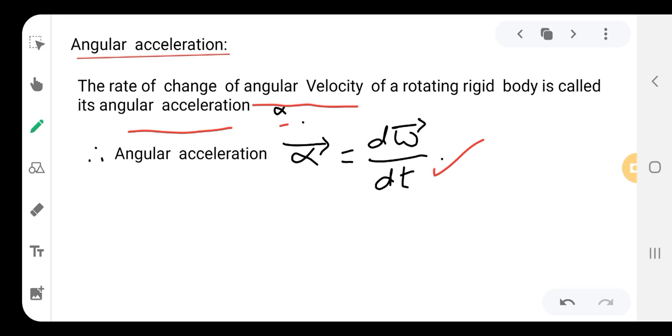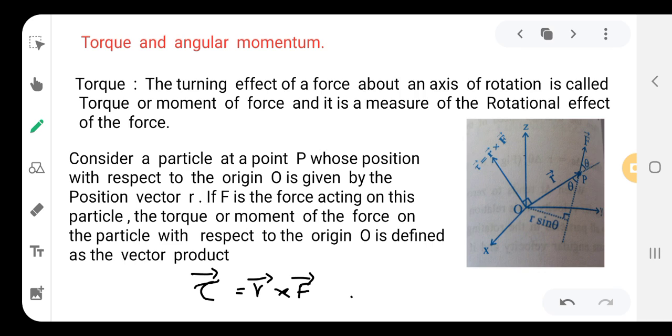Now let us move on to the torque. Torque is nothing but the turning effect of the force about an axis of rotation. It is called the torque or moment of force, and it is a measure of the rotational effect of the force.